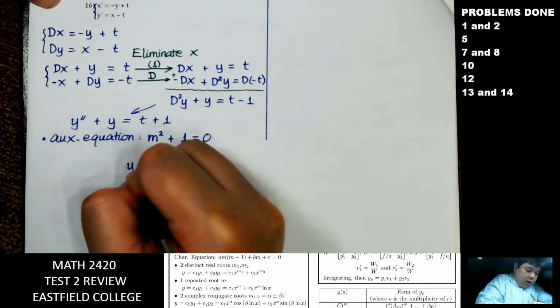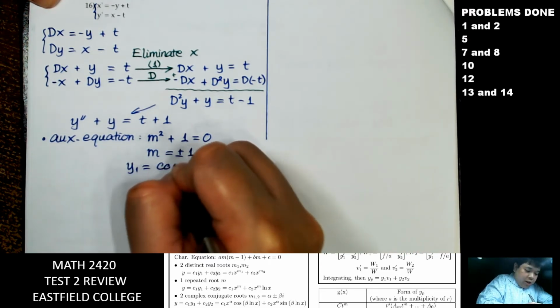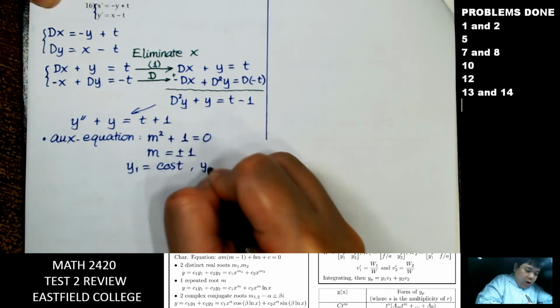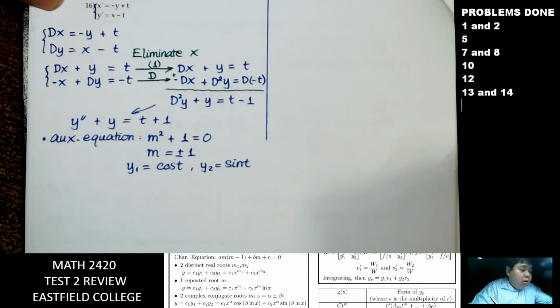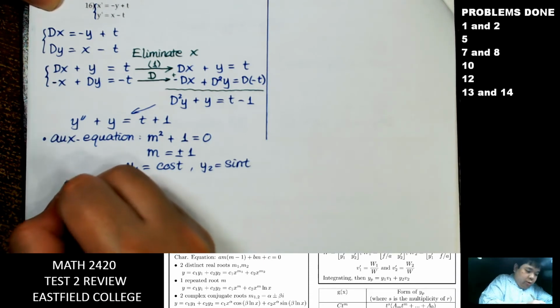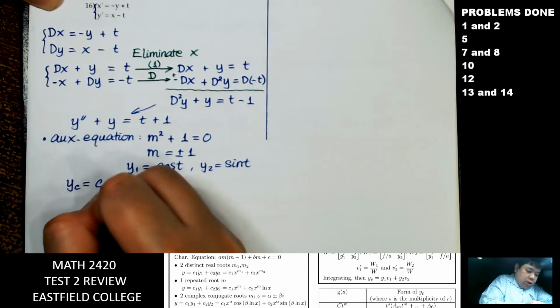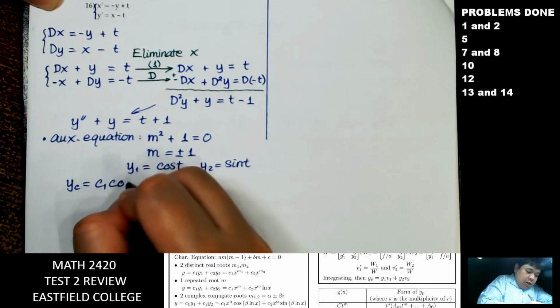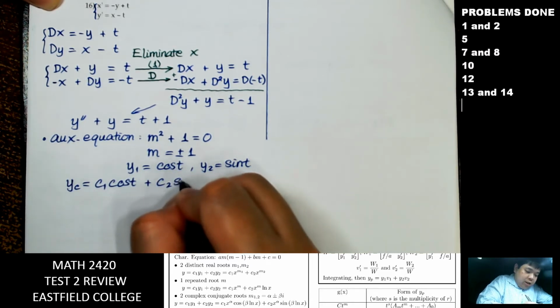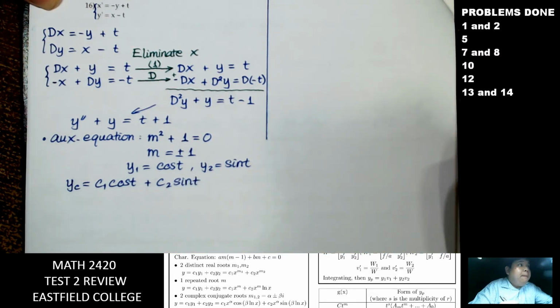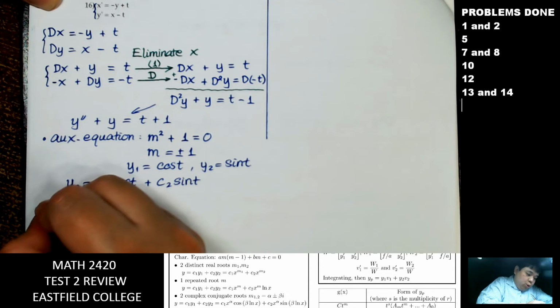So y1 is cosine t, y2 is sine t, and we will have y complementary solution c1 cosine t plus c2 sine t. Yeah, just that. Next, the particular solution.